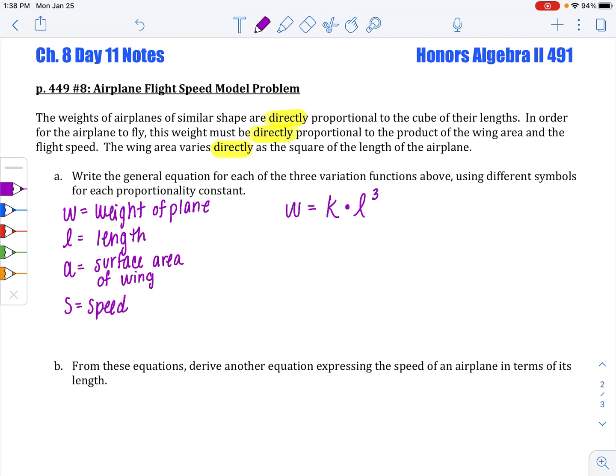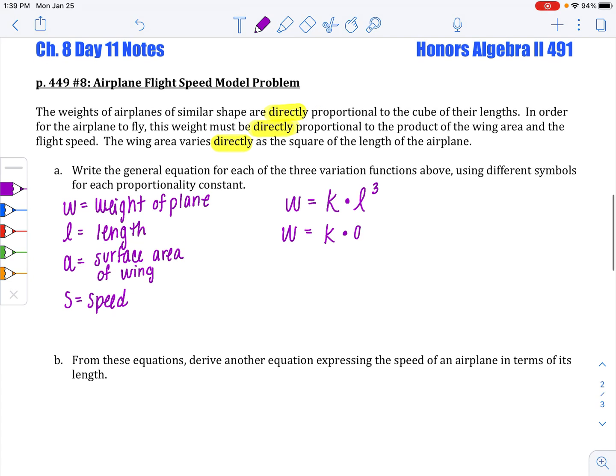Next sentence. In order for the airplane to fly, the weight, okay, so this one actually is going to be another weight, directly proportional, so multiply, to the product of the wing area, so I'll call that A, and the flight speed, that's S. We have to be careful. Those K values are different. So what's helpful to me is I like to write it as K subscript 1, K subscript 2, and we'll see in our next equation, which is area directly proportional to the square of the length, I'm going to call that K3.